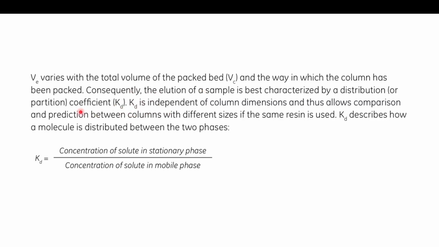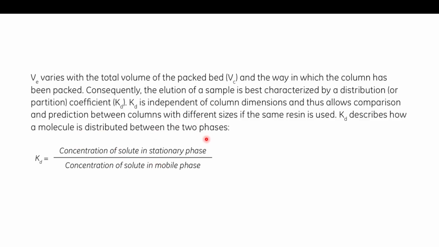The distribution coefficient, or partition coefficient, is independent of the column dimensions, and hence it helps in comparing and predicting purification profiles of your biomolecule of interest on columns of different sizes if the same resin is used.